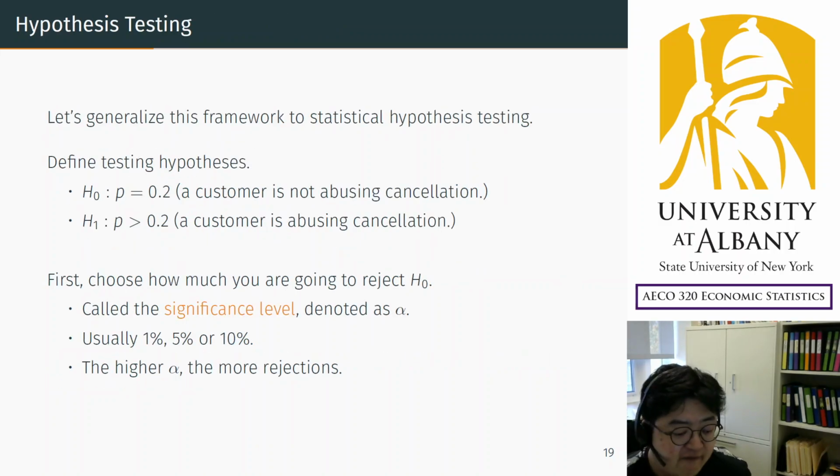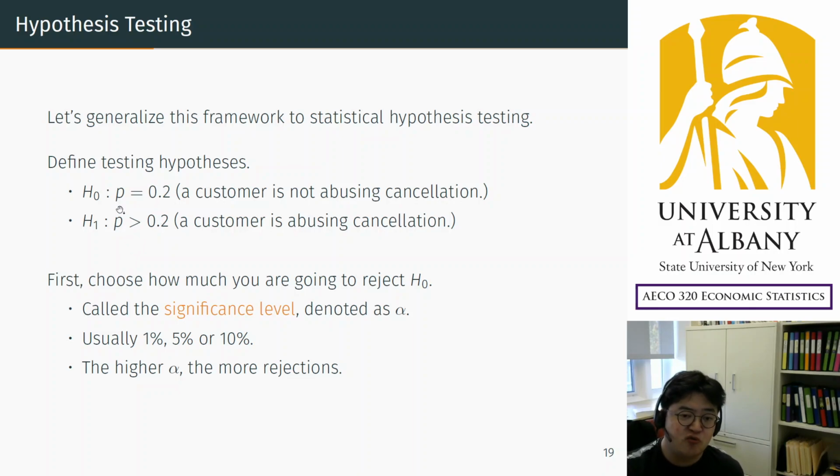So we will formulate this idea into a hypothesis testing decision rule. So first, in the statistical framework, we will set up the hypothesis like this. I have to believe that a customer is innocent. That is my belief.